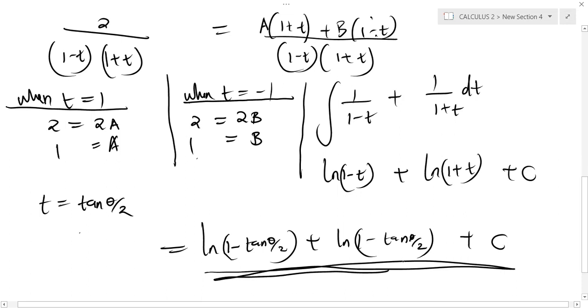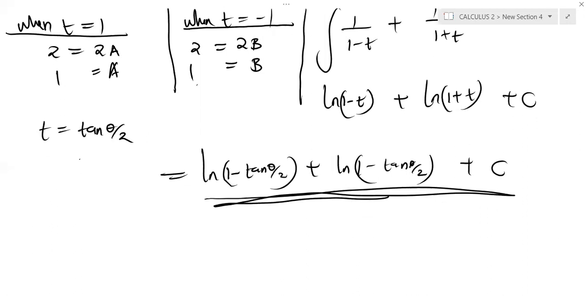So basically, whenever you're given a question, you just substitute the values and then replace back.